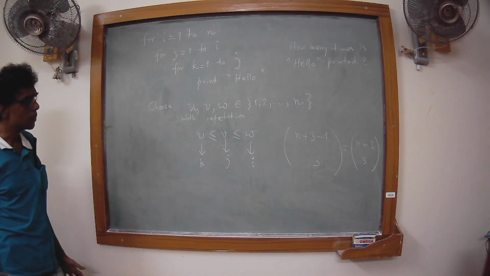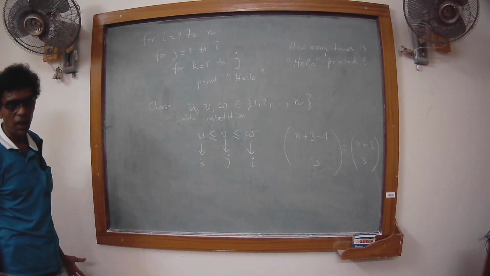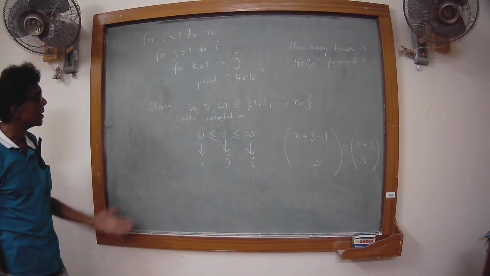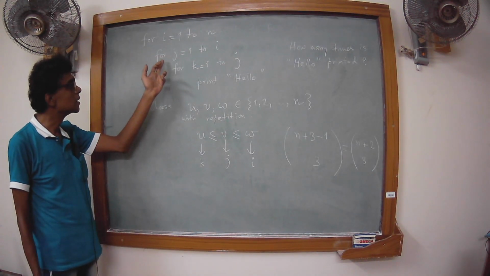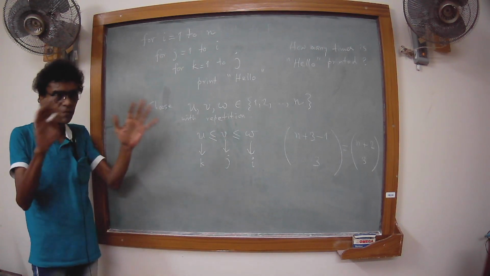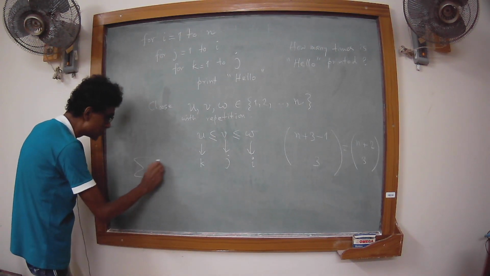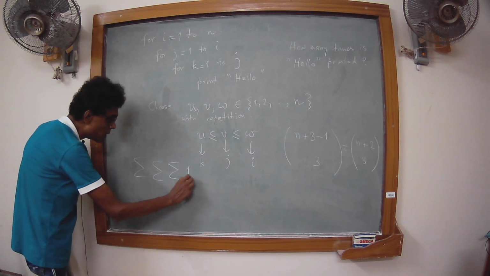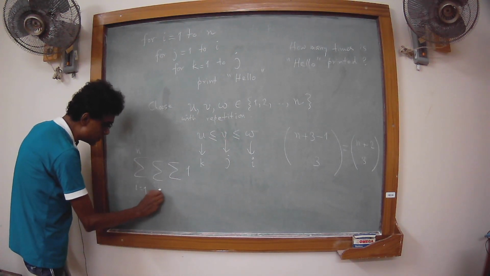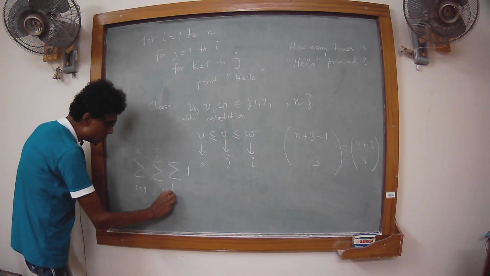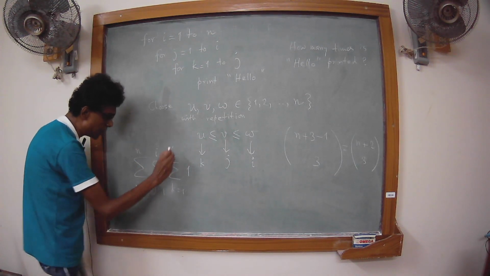Of course, you can derive the same formula in a very hard way by exactly counting. So, for each I, j goes from 1 to I. So, it's a kind of triple sum, something like this: the sum of 1, I ranging from 1 to n, j ranging from 1 to I, k ranging from 1 to j.